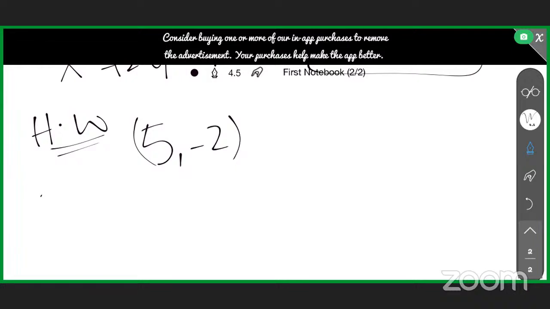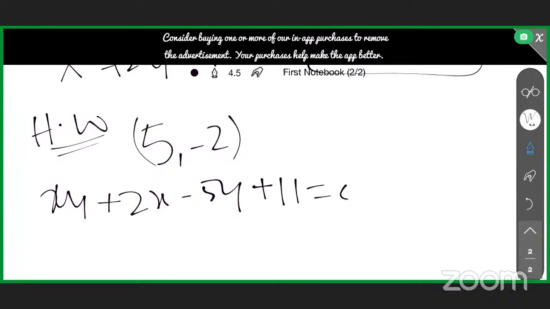Then the equation xy plus 2x minus 5y plus 11 is equal to 0 gets transformed into dash. I'll repeat the question. The origin is shifted to the point 5 comma minus 2. Then the equation of the curve xy plus 2x minus 5y plus 11 is transformed into dash.